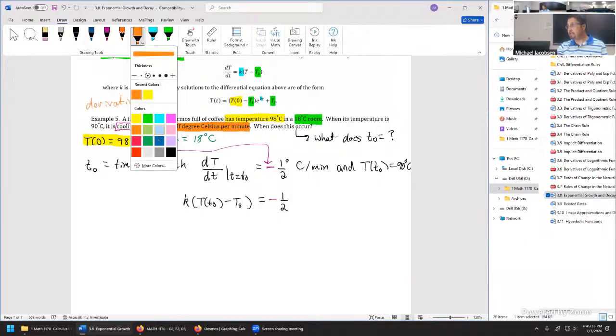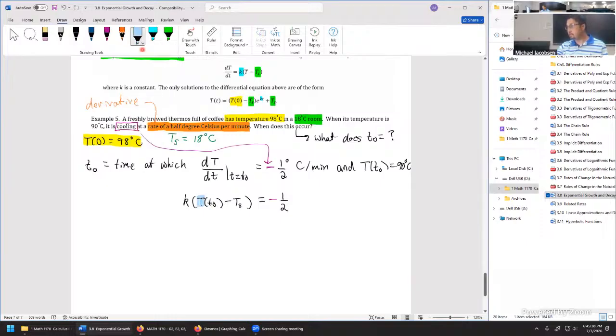So temperature at time T naught is this value, the 90 degrees Celsius. Temperature surrounding, we indicate is 18 degrees. And if we can solve for K, we can get the value for T naught altogether. So that's the setup so far. Any questions at the moment, getting through these stages?